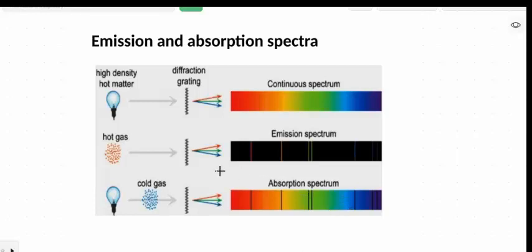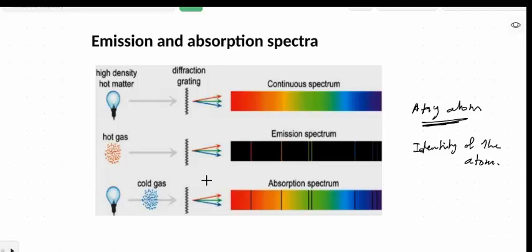So the conclusion we can draw here is that the spectrum represents the identity of the atom, because from one atom to another, the spectrum changes.